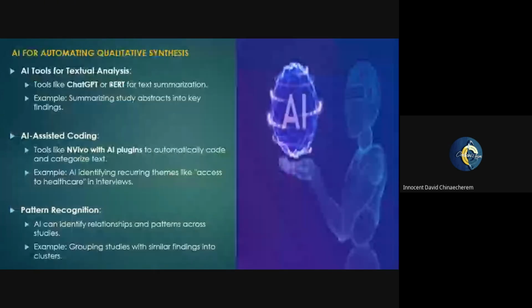Now we'll jump into understanding how to do the AI automation. How can we use AI to actually automate our textual analysis? Tools like ChatGPT, Bard, or Grok, if you're watching in the future, can help us in textual summarization, summarizing study abstracts into key findings.